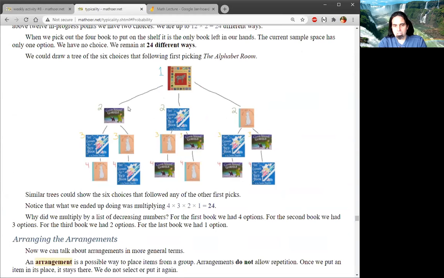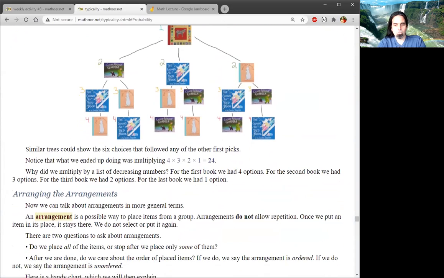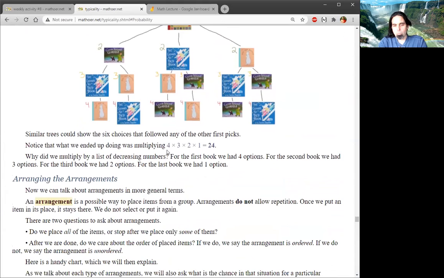So we had 6 different paths. 1, 2, 3, 4, 5, 6. Starting with this book, there were 4 ways to start the first book. So 6 times 4 is 24 different ways to do things. We multiplied by decreasing numbers. 4 ways to put the first book on, 3 ways to put the second, 2 ways to put the third, and then the last book we just stick on.